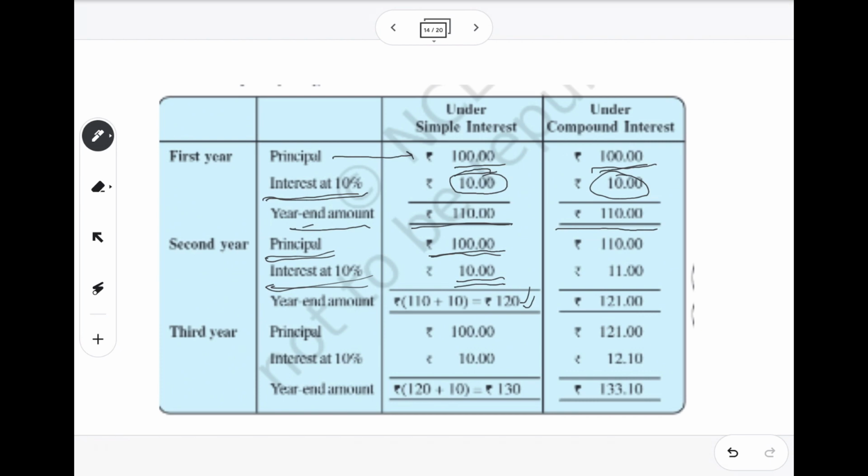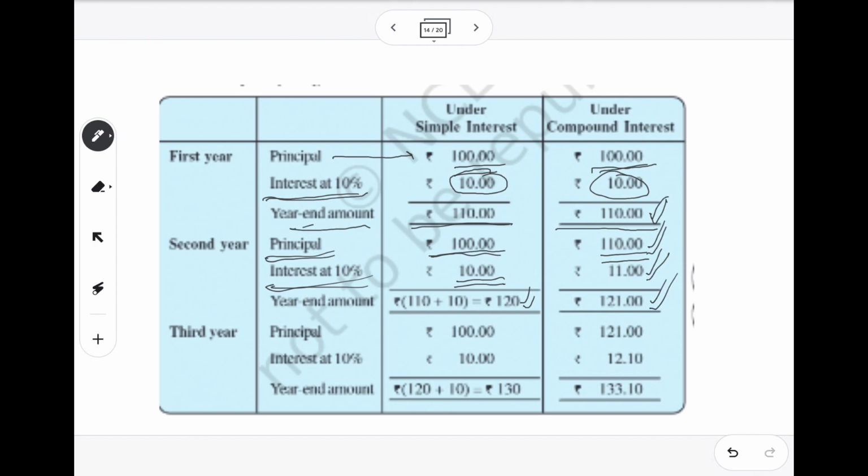But in case of compound interest, the principal would now change to the value of the year end amount. So instead of 100, it would be 110, and interest would be charged upon the new principal, which is now 110. So it would be 10% of 110, which is 11. So year end amount now would be 121.